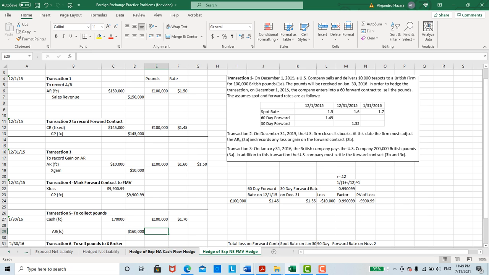That looks good. The other way to do this is you could have just taken 100,000 times the last value that it was adjusted up to, in this case, $1.60. That's the other way to do it. And we're going to have an exchange gain on this transaction, which is equal to the difference between the two, which is 170 minus 160, or 10,000.